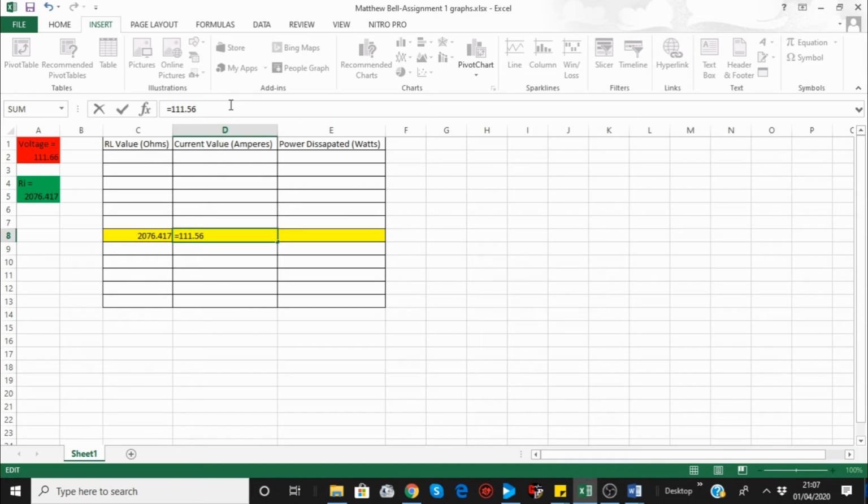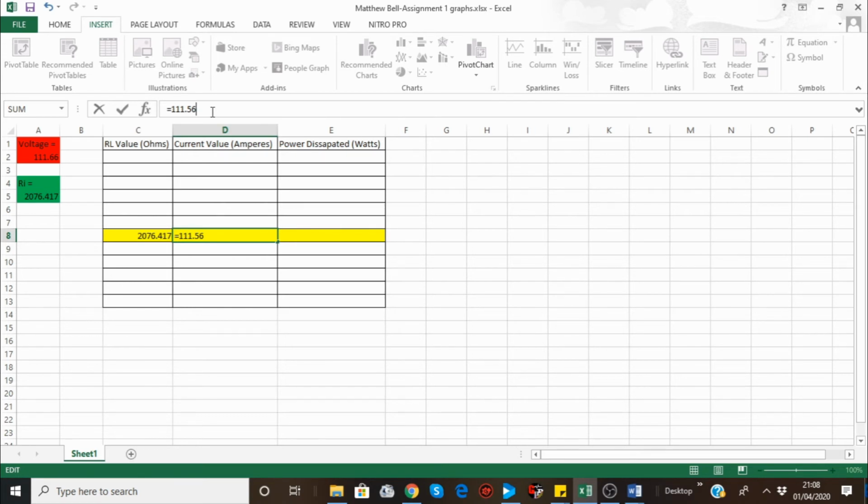Because it's a fixed value, I'm just going to type it as it is, so you don't need to go and click. You could go and click on this, but we're not going to do that. I'm not teaching you Excel or how to work with this spreadsheet. I'm just teaching you how to do a quick graph for this particular example.